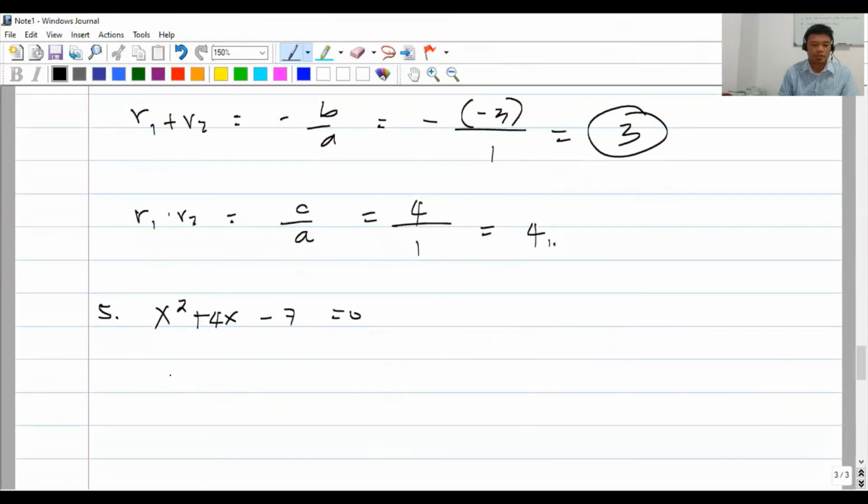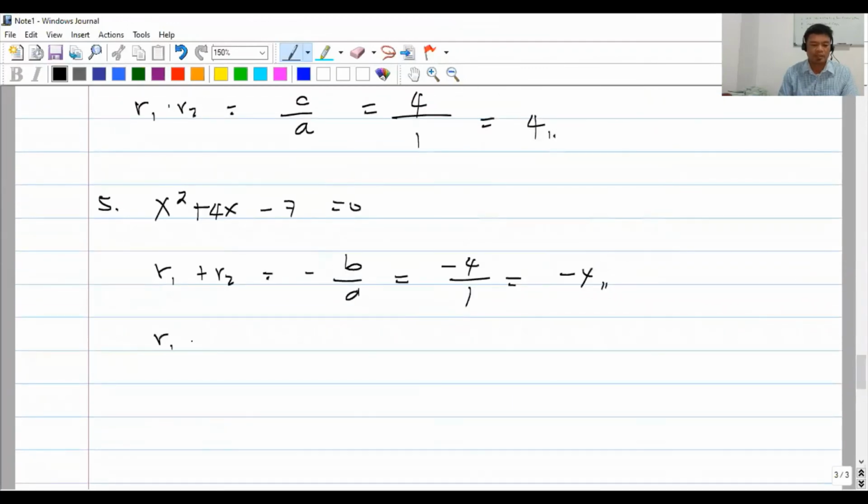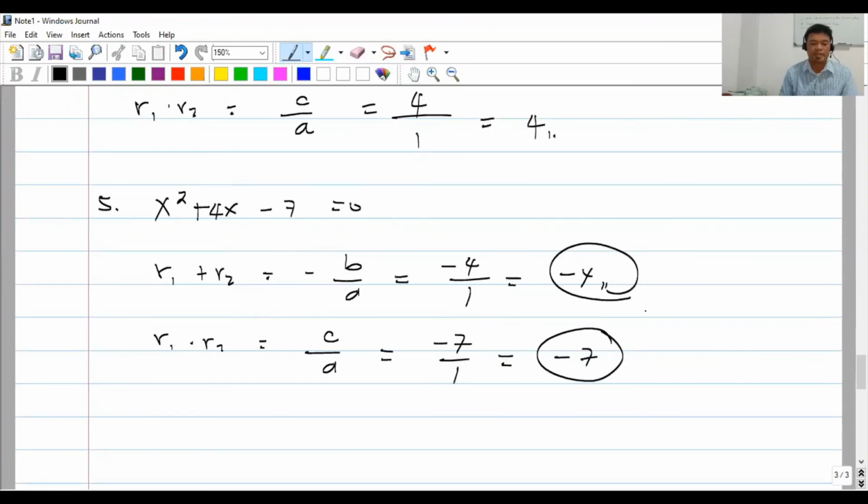R1 plus R2 is equal to negative b over a, which is negative 4 over 1, so the sum is negative 4. The product R1 times R2 is equal to c over a, which is negative 7 over 1, equals negative 7.